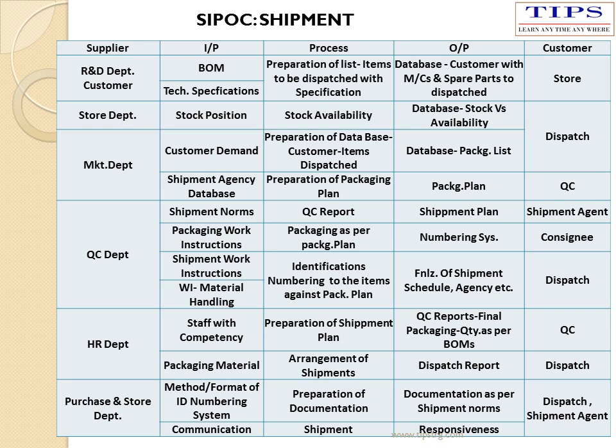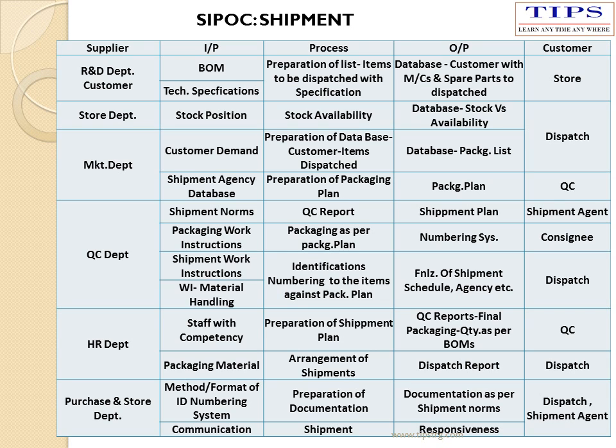For this process, the input is the BOM, that is the bill of material, and technical specification. Now, from where will this input be available? Write down the suppliers. Here, the suppliers are the research and development department or design or development department.